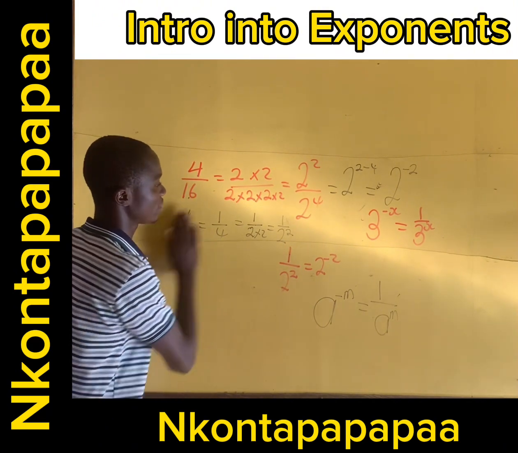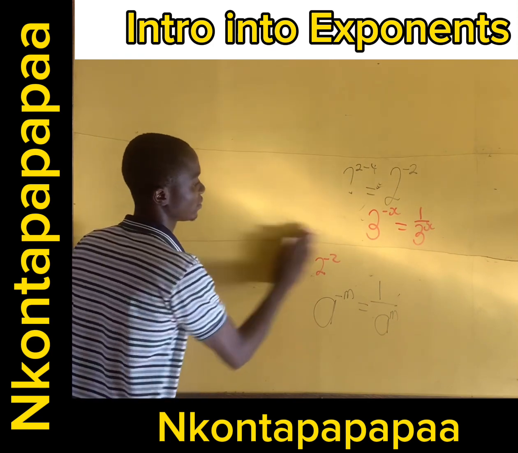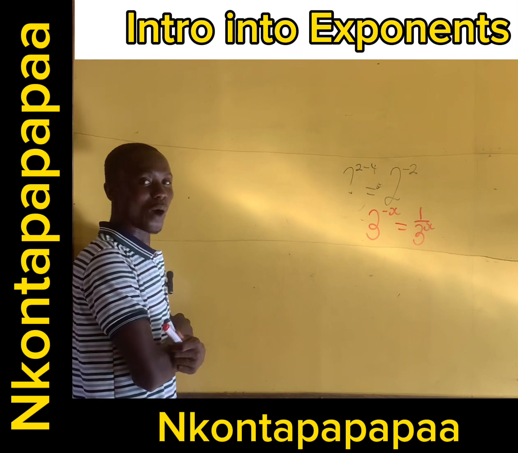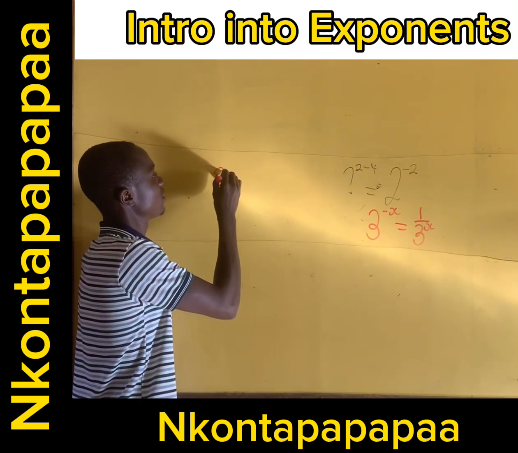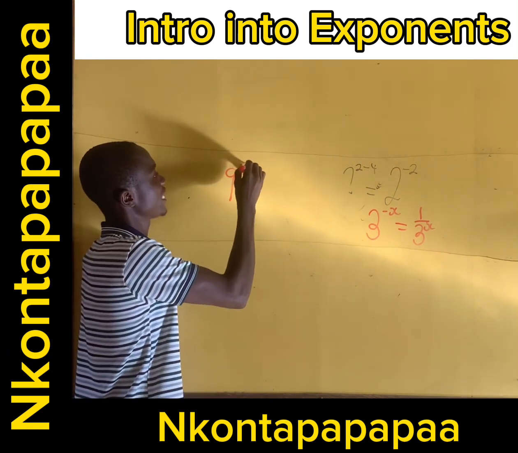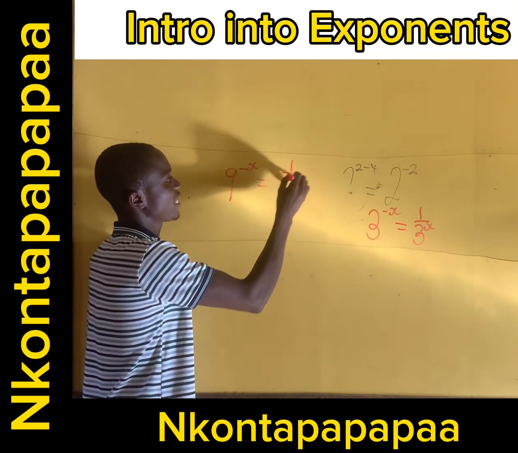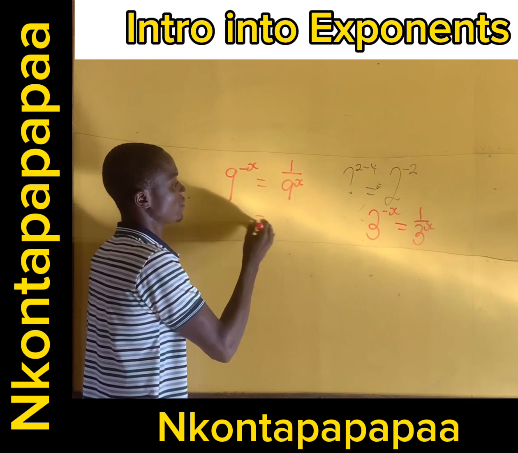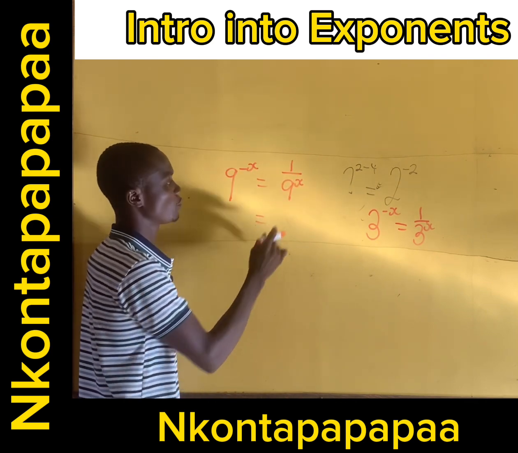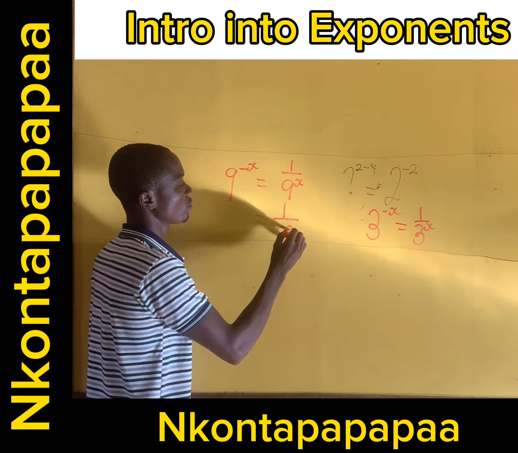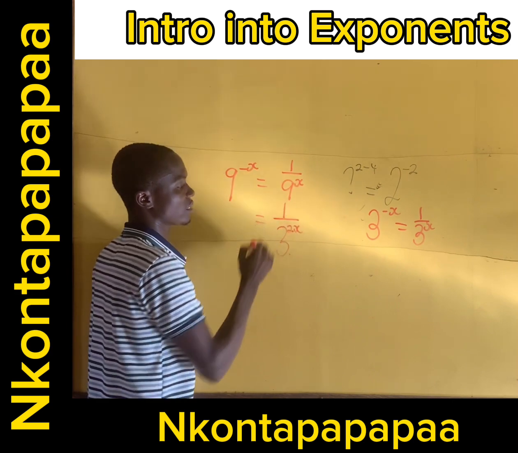So now, let's see. Amazing features. Wow. So if I take 9 power negative x, this is the same as 1 divided by 9 power x. We can break this one also further to become 1 divided by 3 power 2, then power x.